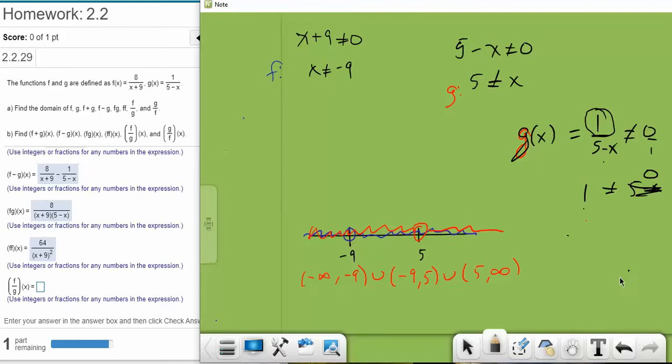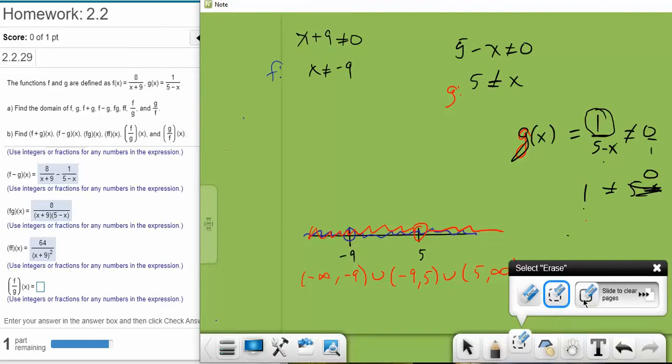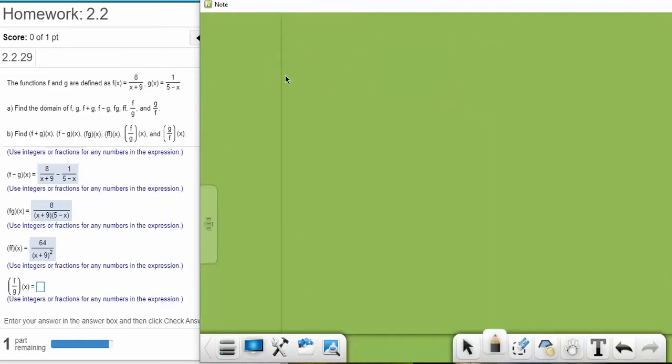And then f divided by g. All right, so let's try this one. Remember, the way you divide fractions, f divided by g, is you multiply by the reciprocal. So you flip that over.